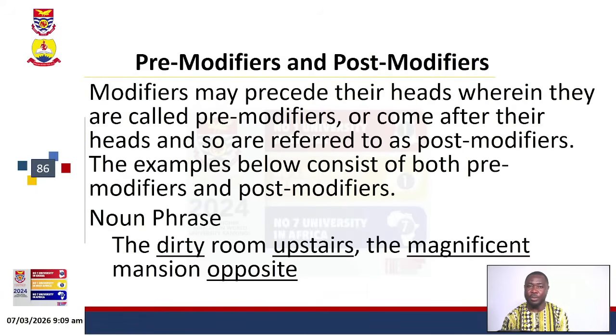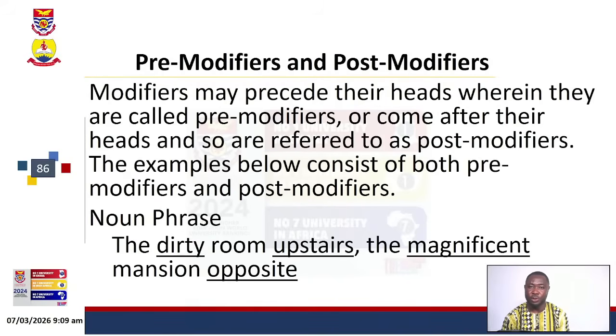Some modifiers can be called pre-modifiers, some post-modifiers. Modifiers may precede their head words, the words they are modifying, wherein they are called pre-modifiers. When they come after the heads, we call them post-modifiers.